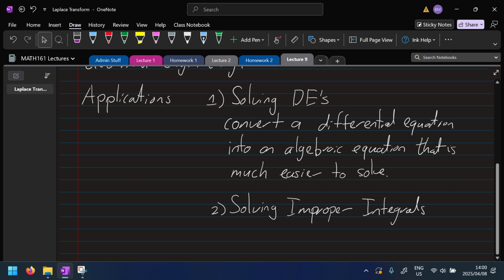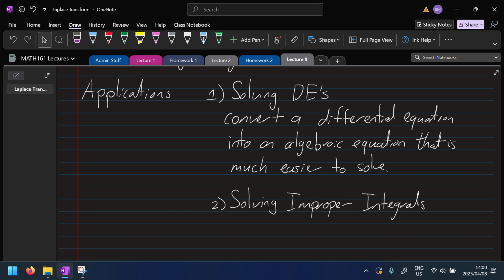Now, a lot of those problems were fairly easy to solve. However, some of them are much more complicated, and so we use the comparison theorem to check that they are either convergent or divergent.